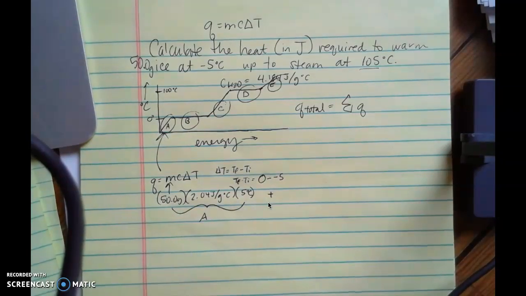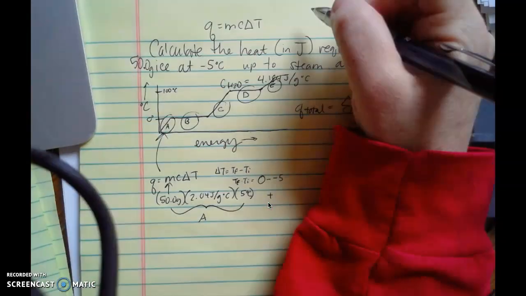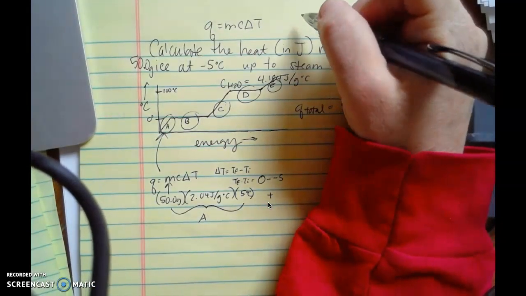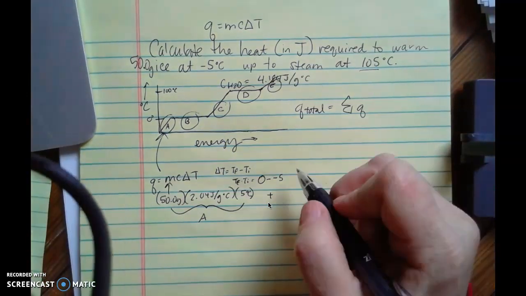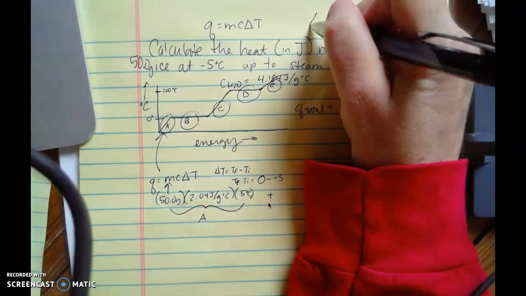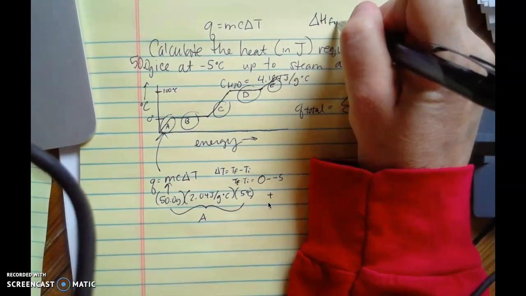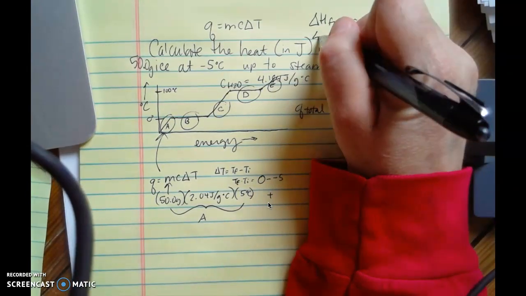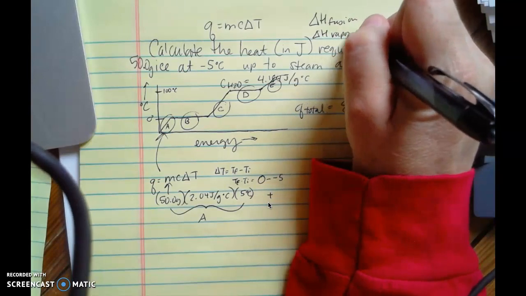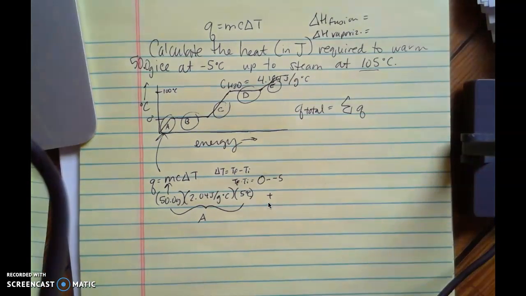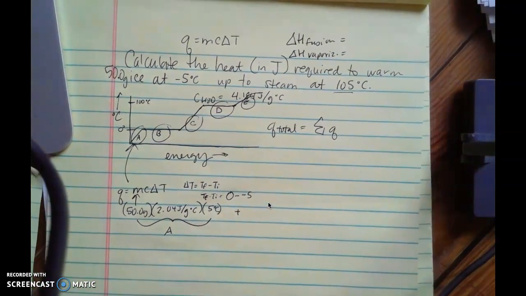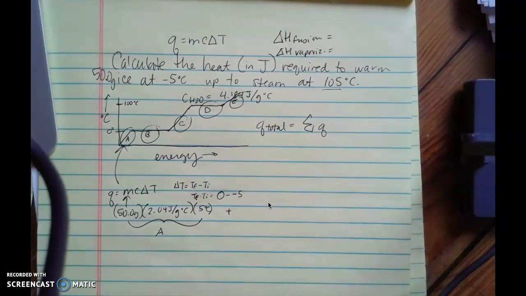Well, for our phase changes, it's not Q equals MC delta T. We have a heat of fusion, a delta H. So we have a delta H of fusion, which is freezing, and another delta H for our vaporization, which is boiling. That's how much energy is required to make those phase transitions. Let me slide this over a little bit.